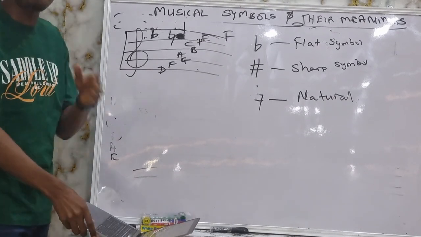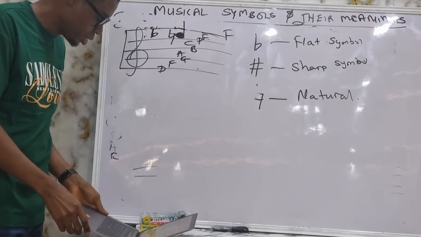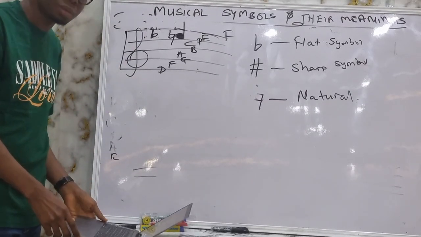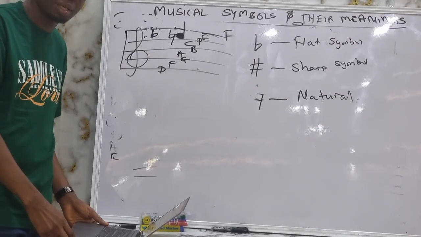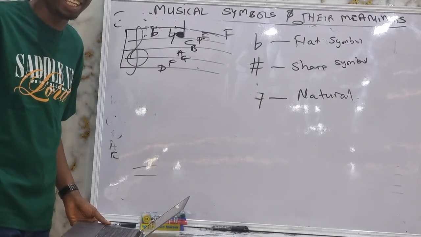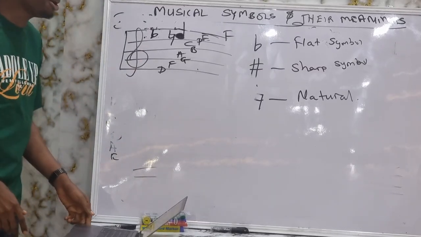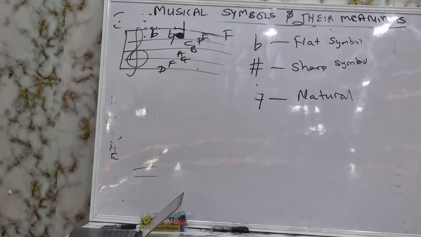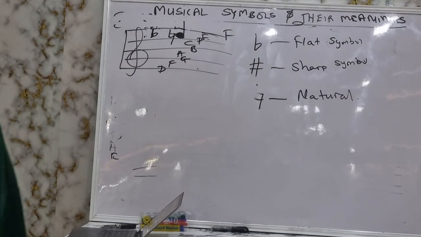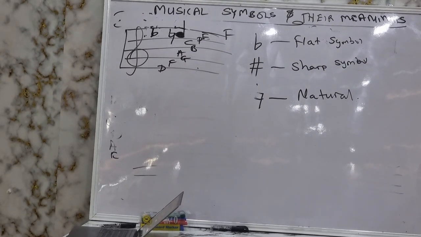Alright, you can also have double flats, double sharps, you get everything. Sorry, sir, is this natural used for modulation? No. Modulation is a different thing entirely. But yes, it can also be used in modulation. Modulation is, sorry for this word, a lazy man's way of writing music so we can sing it easily.